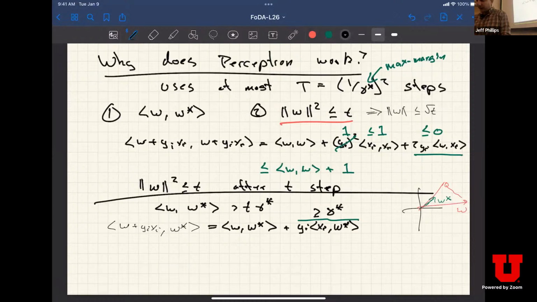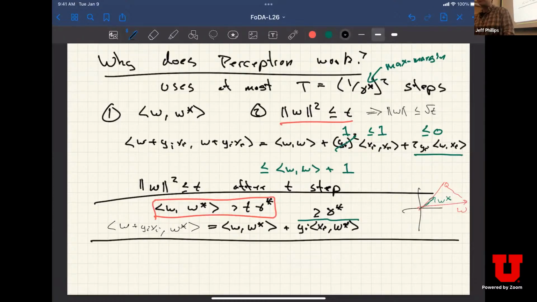So with this, I can get this quantity here, that it's moving closer, and those are the two steps. The third part is I'm going to put these together. I'm going to say that T gamma star is going to be less than W dot W star, which is the quantity I just proved.